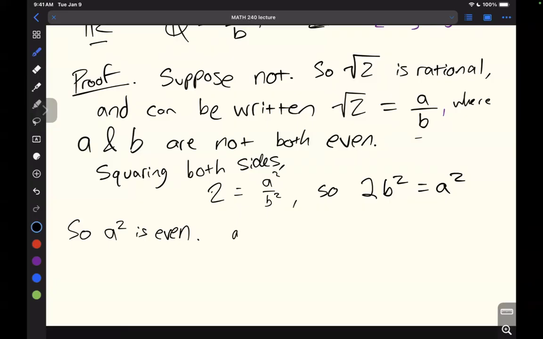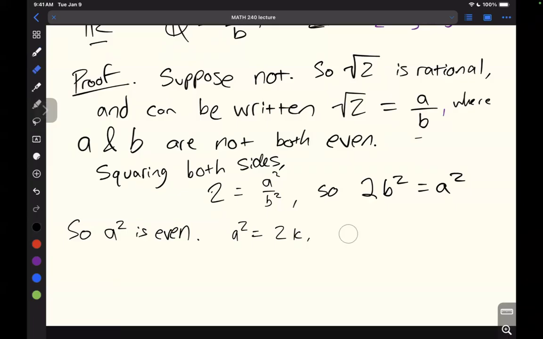So if a squared is 2k, well, we could square root both sides and that doesn't help us.